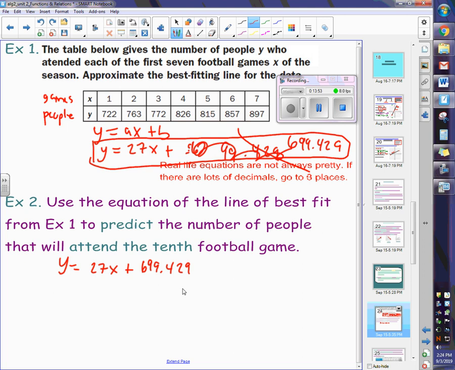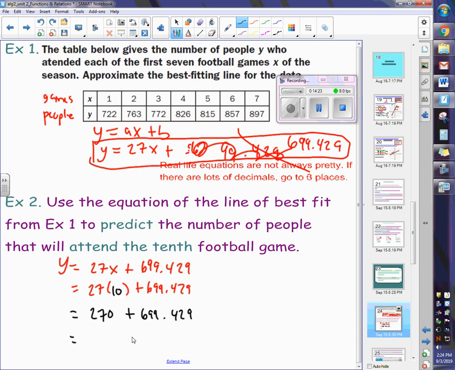So again, x represents game. So that means we need to replace x with 10. So when we replace x with 10, we would go ahead and do the order of operations. So 27 times 10 is 270. Then add it to 699.429.